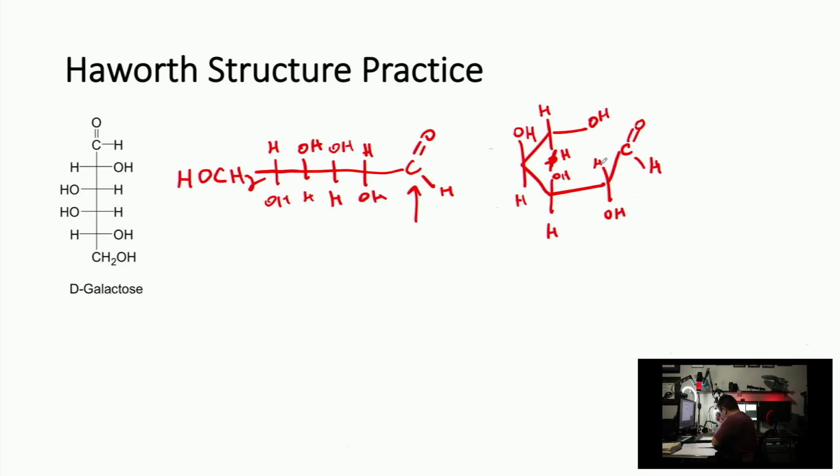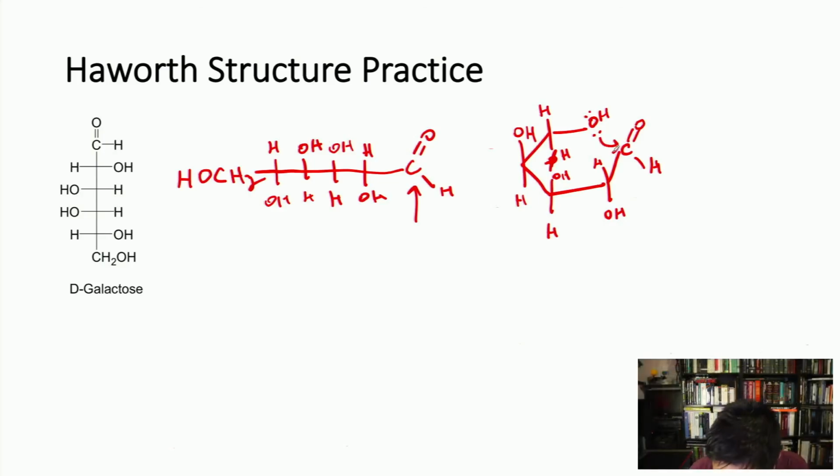Okay. So we have the electrons on this oxygen right here, and it goes and forms a bond between the carbon and itself. And then that makes it so that the electrons that were in this double bond go to this oxygen here.